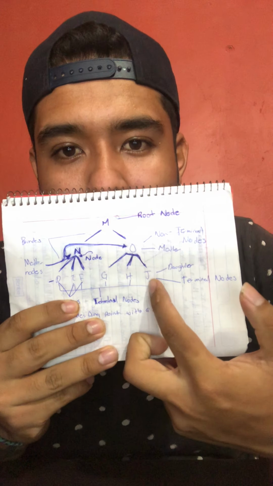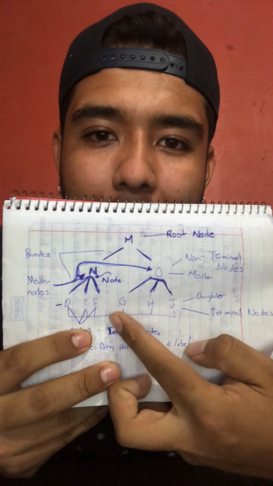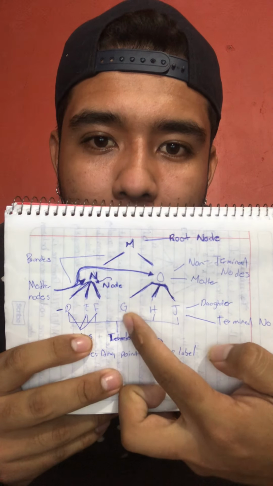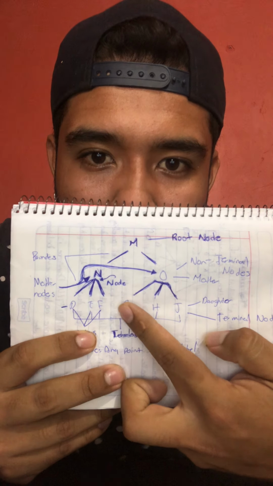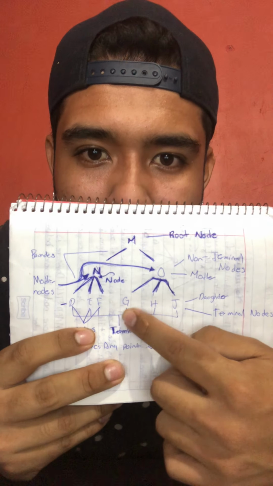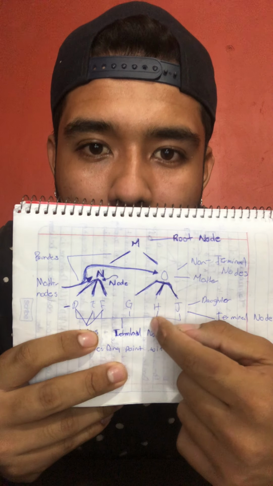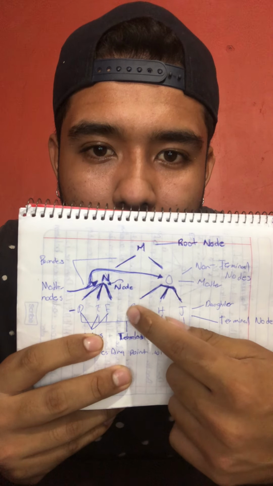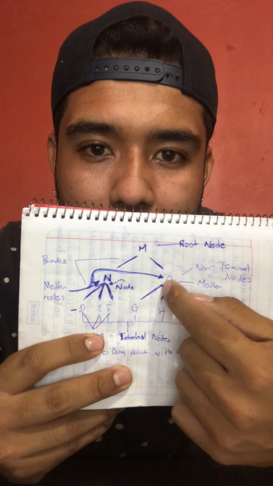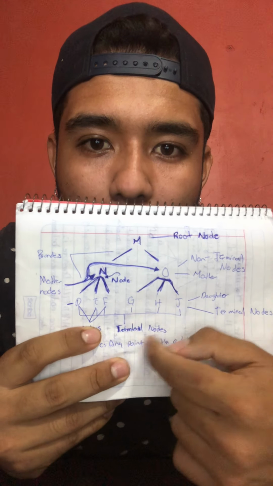For example, in this case, we can say the letter G is sister-precedes to the letter H because the letter G is to the left of the letter H, but also they have the same mother, and they don't have any other node below them.